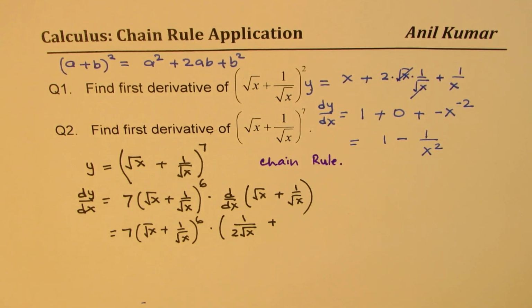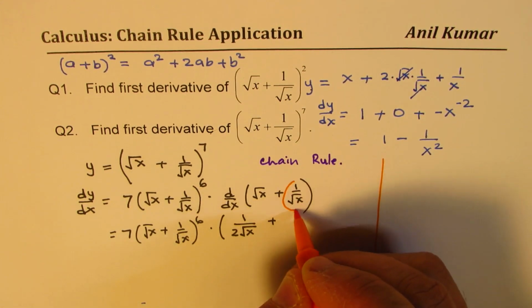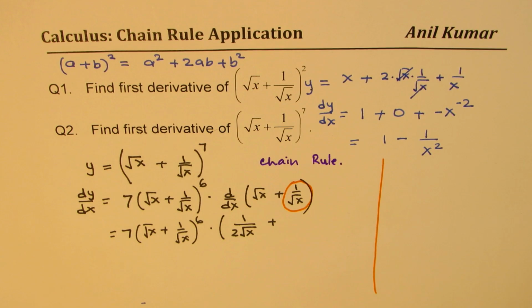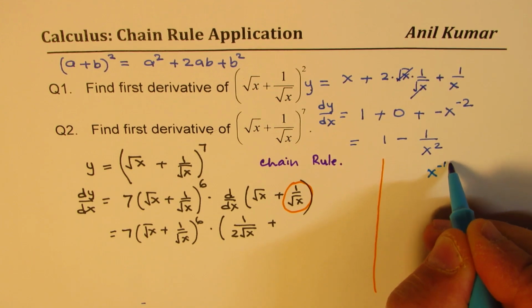Let me show you on the side, because at times I think there could be a difficulty here. So let's look into this part. We could write this as x to the power of minus half, correct?